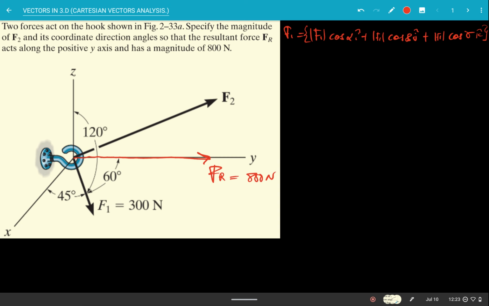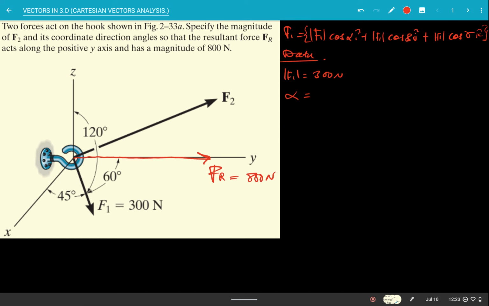Now, let's collect data from the problem. The magnitude of F1 is 300 newtons, because it's given already. Let us find the directions. Alpha is 45 degrees.